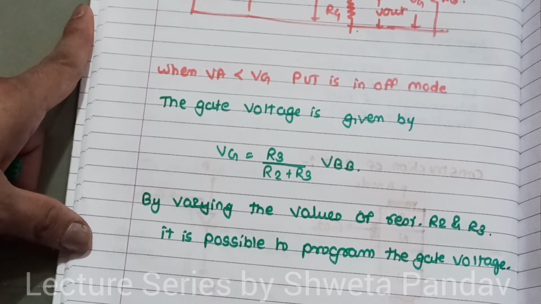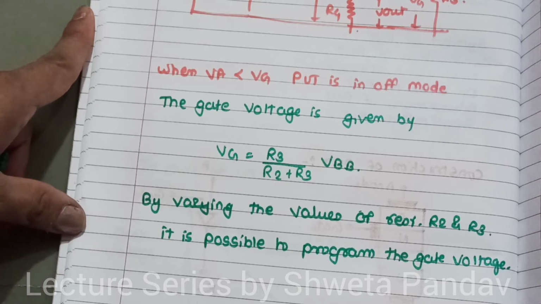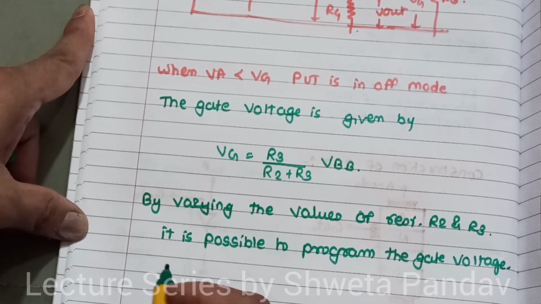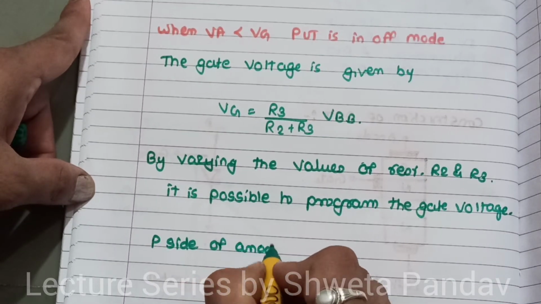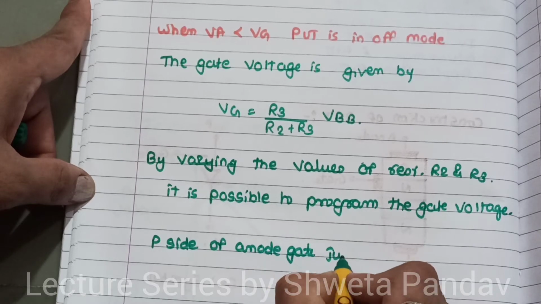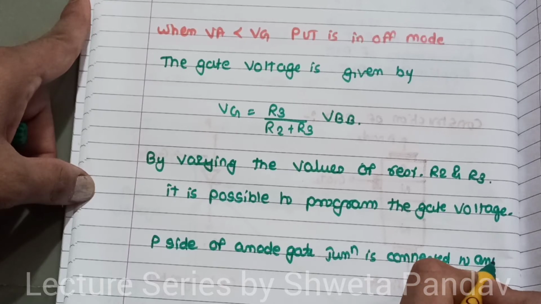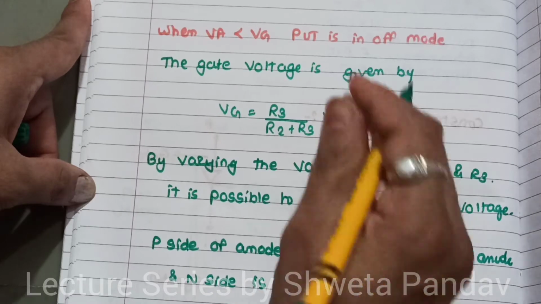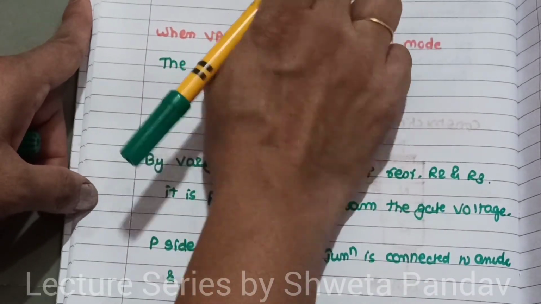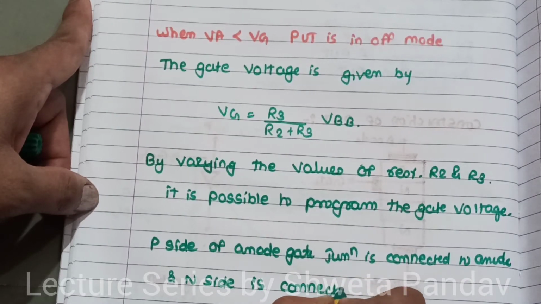Now the P side of the anode gate junction is connected to anode and N side is connected to gate.